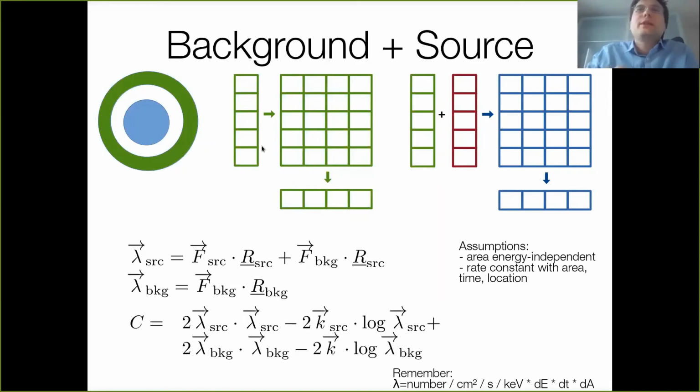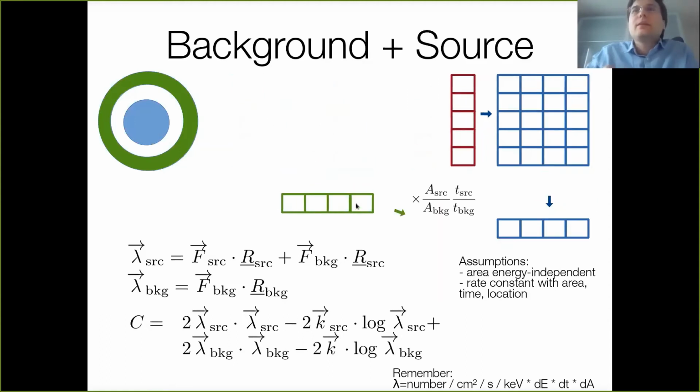And if you don't care how exactly that physically arises, you can provide a model in detector channels and then scale that and add it at this stage. So you have your astrophysical model, and then you add it proportionally to the area when you compare to the real observations. That, of course, often requires that your background is well sampled. You have enough counts to really estimate what is the true model here.